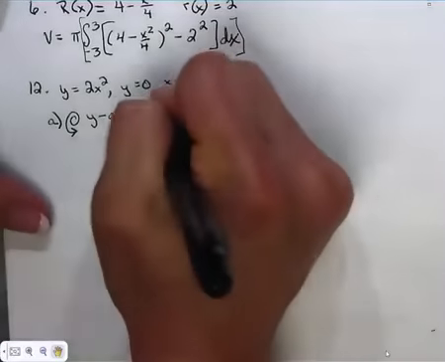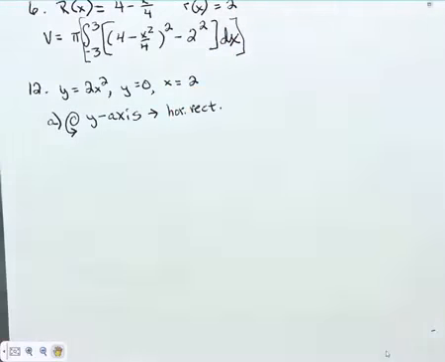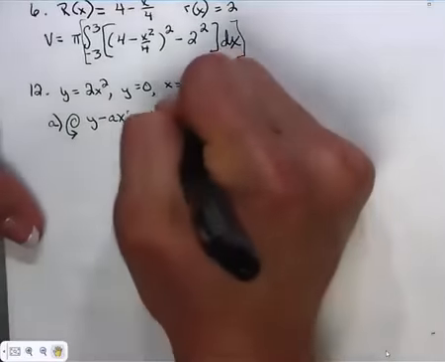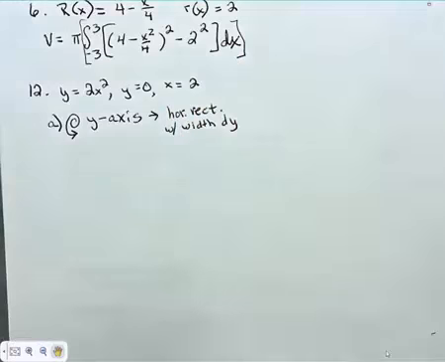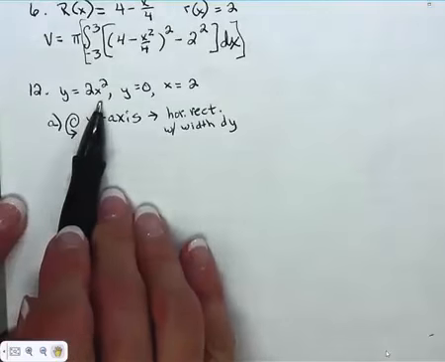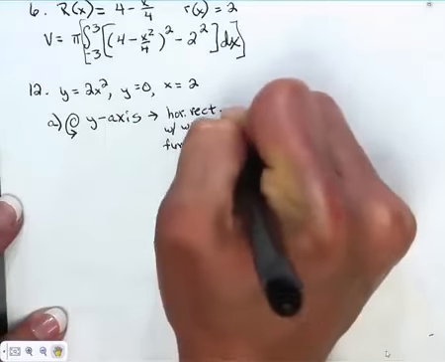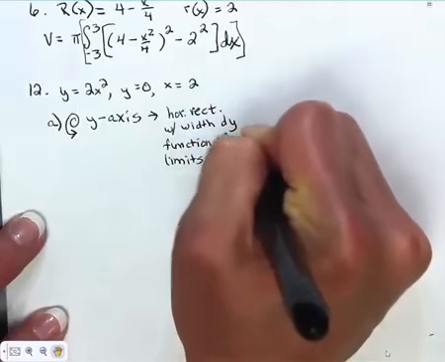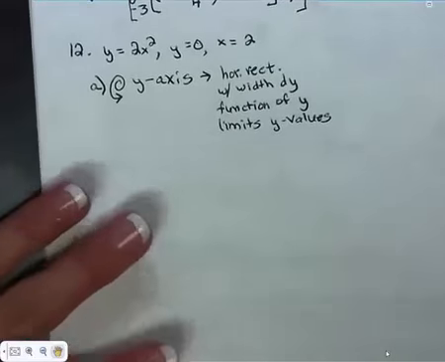Horizontal rectangles. And horizontal rectangles have a width of dy. Which means at some point we're going to have to solve that equation for x because we're going to have to integrate a function of y. We need a function of y and we need our limits being y values. So you don't have to write that down if you don't need it, but it helps me.